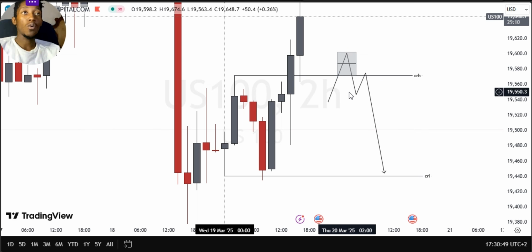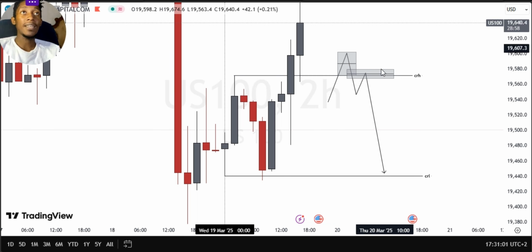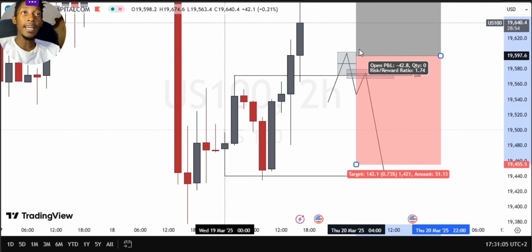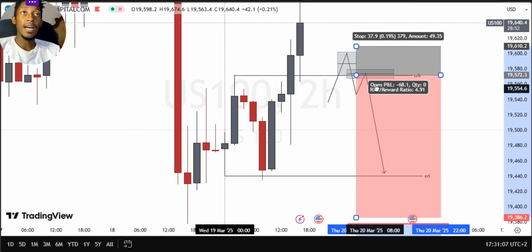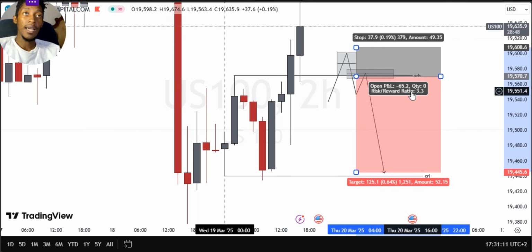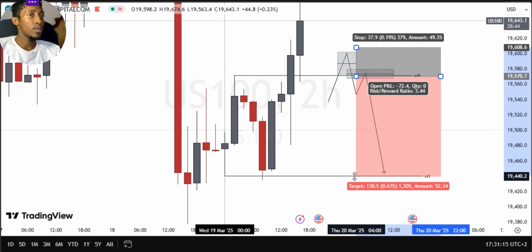Once you get that change of character, that's confluence. Now I can target my fair value gap somewhere here or my demand zone, take my entry exactly there, and target the CR low. And just like that, you're done planning your trade, and then you trade your plan.